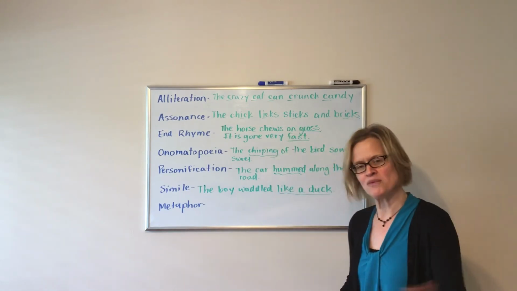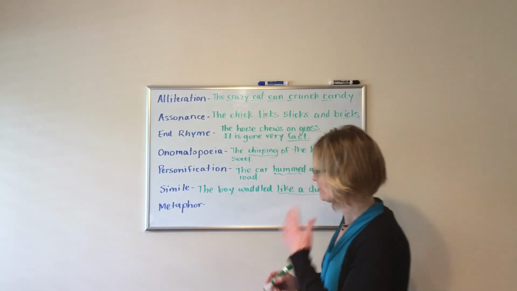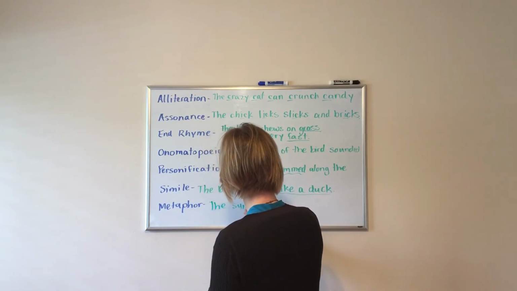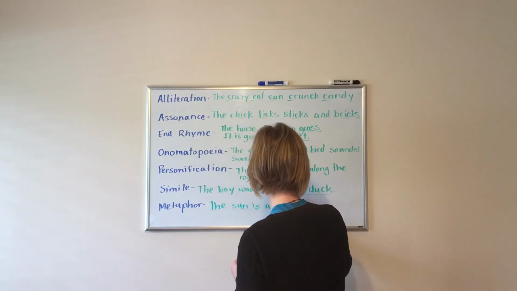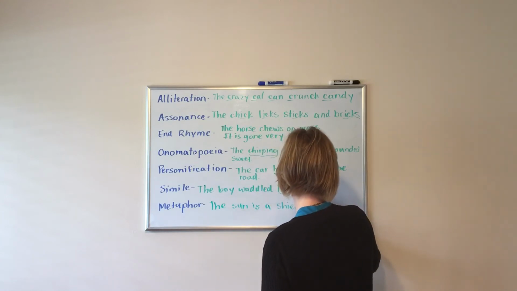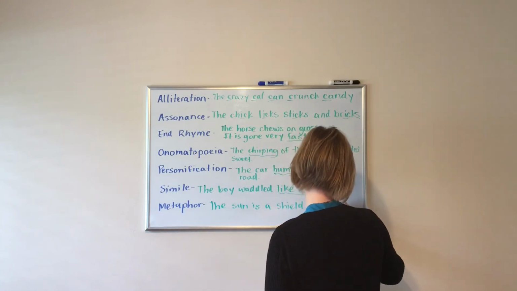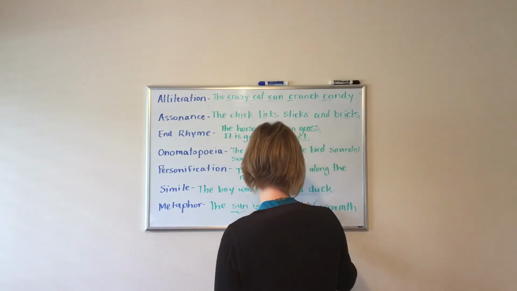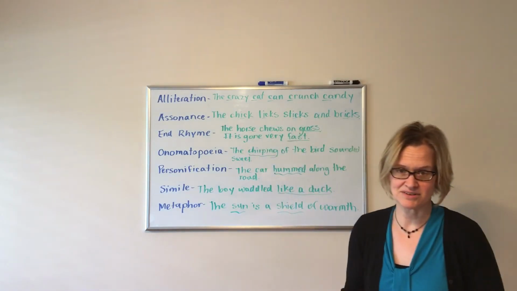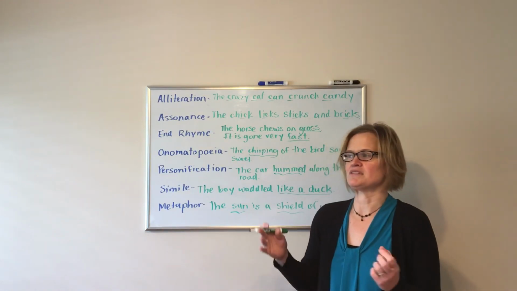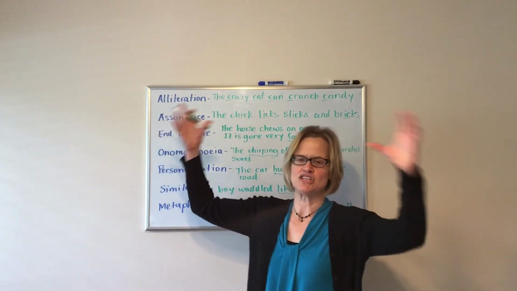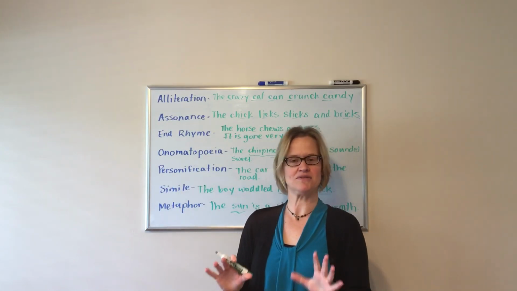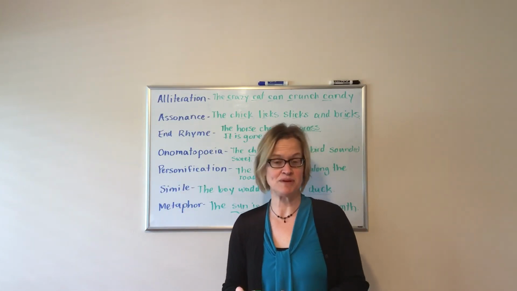And so I kind of went with the whole space thing, and I put down the sun is a shield of warmth. Now, is the sun really a shield? No, not necessarily. But it's one of those things where it's like, I was cold, I went outside, and this big shield of warmth kept me warm. And you can understand what that is. So that would be a metaphor.